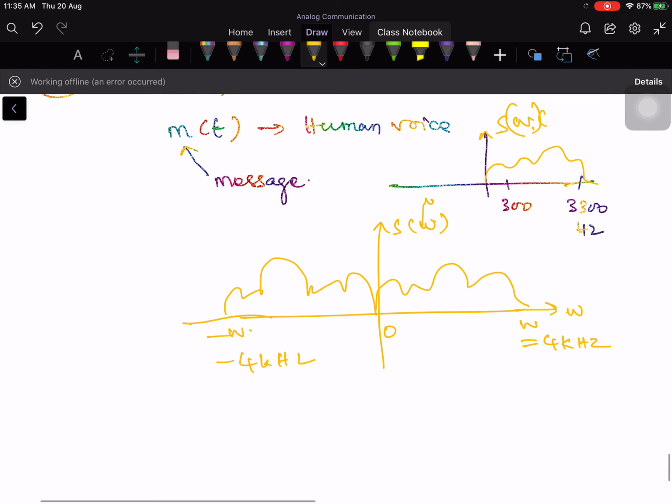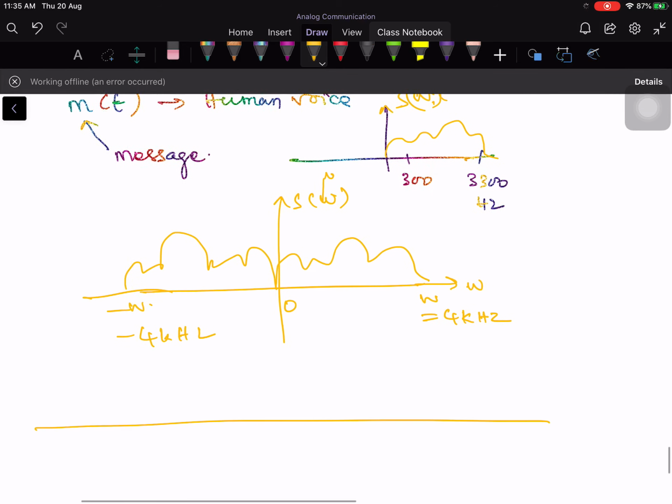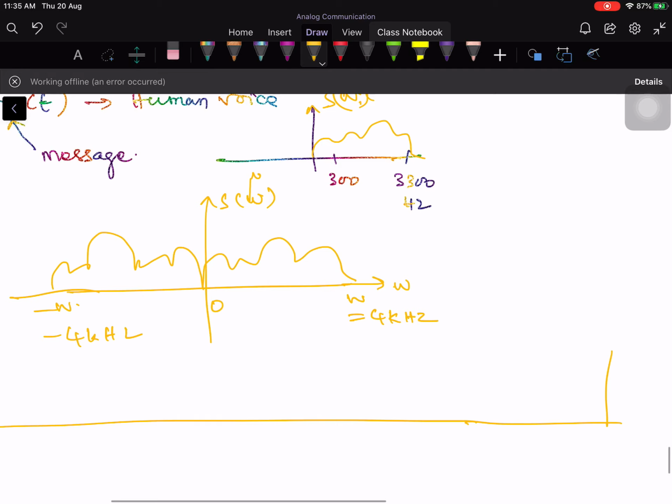And you take c of t, it is a very high frequency, maybe here. It has a spectrum like this, let's say an impulse or some spectrum like this. And this spectrum and this spectrum will not overlap. So in that way we are considering non-overlapping spectra.